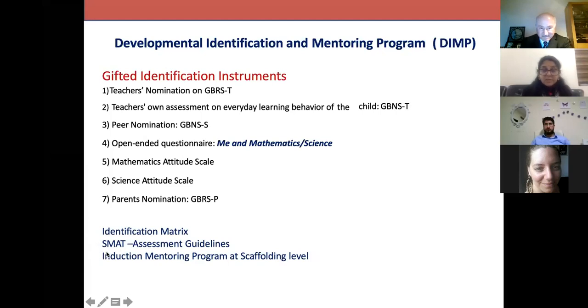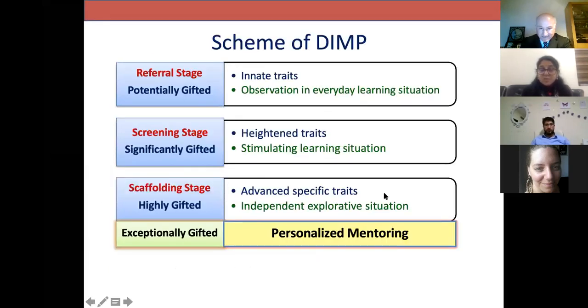Now once this SMAT is conducted, after the SMAT results, we have an induction mentoring program at the scaffolding stage. This is basically a small group mentoring program by the university teachers. And this entire project, this entire exercise, the research was carried out at Cluster Innovation Center of University of Delhi.